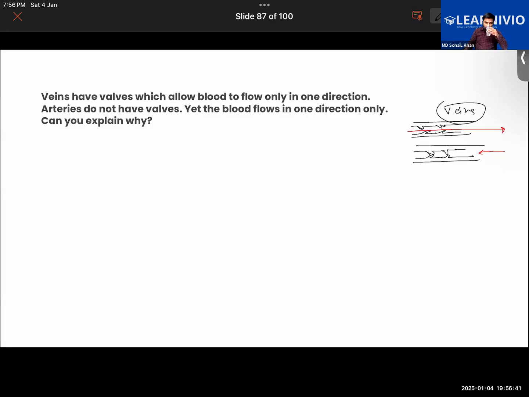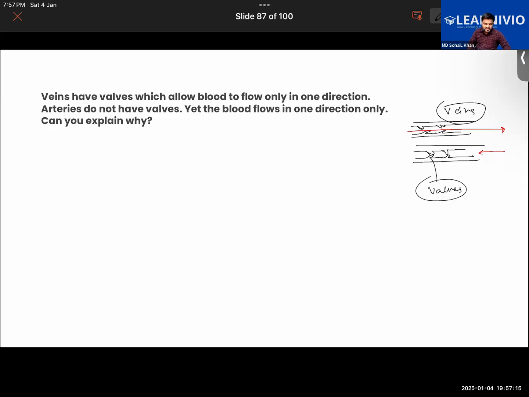Because when blood moves forward, the valves... What do you call those things inside? These are called valves. So when it moves forward, the valves behind will close, so the blood cannot go the other side, the opposite side.